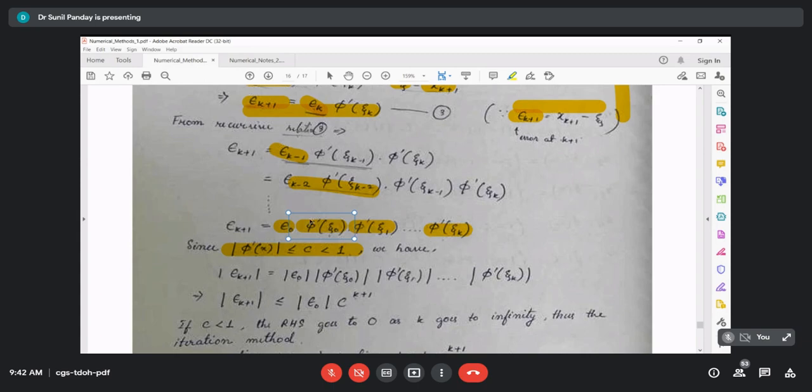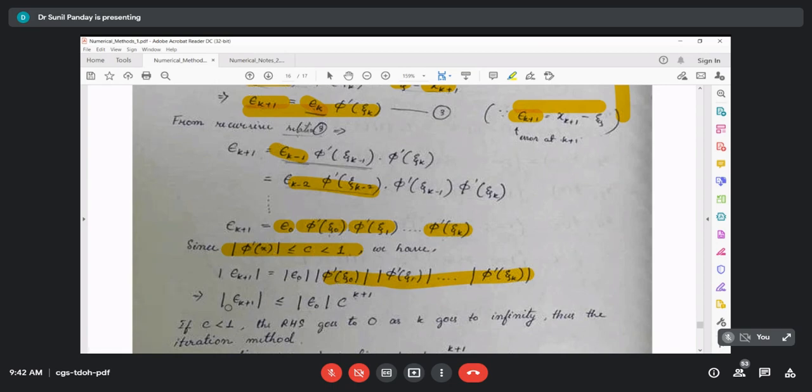So the absolute value of phi dash of xi_0 is less than c, phi dash of xi_1 is less than c, and phi dash of xi_k is less than c, and there are k+1 of them. We replace all of them by c because they are all dominated by c.